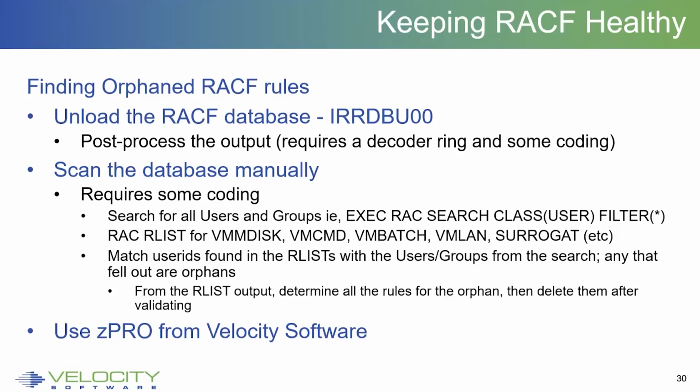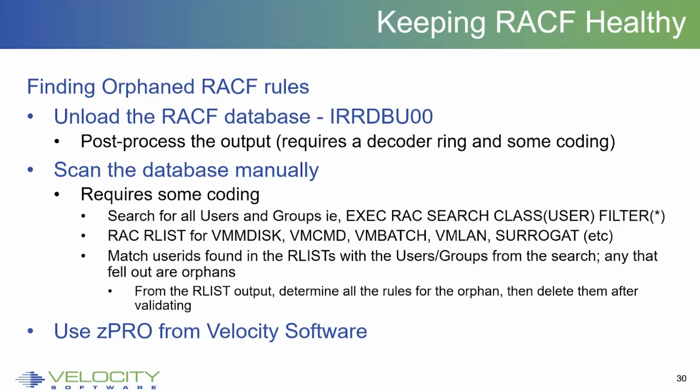The output is very complicated. There's a lot of codes, and you'll have to use the manual to figure out what each code means on each record. And then you will need to build some logic. You'll need to build a program to go through and find all the entries that don't align to a user ID that still exists on your system.